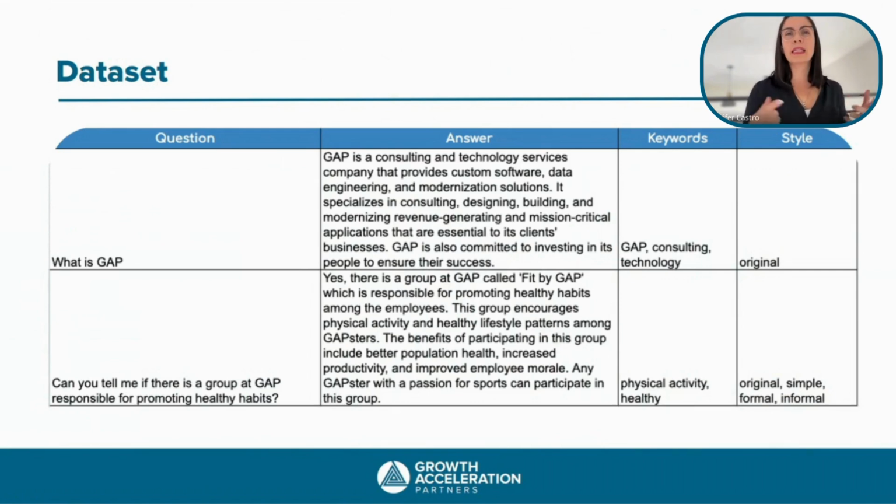The questions can be long, short, very simple, sometimes some keywords, sometimes very formal, and the chatbot needs to be able to answer no matter the format or the style of the question. The chatbot needs to understand the meaning of the question and be able to return a correct answer.